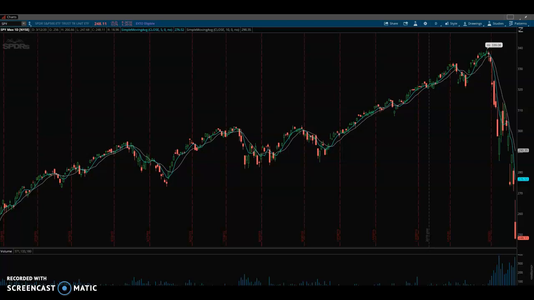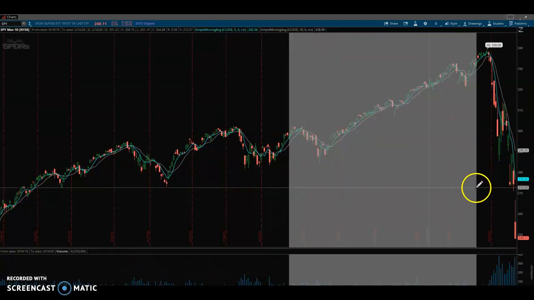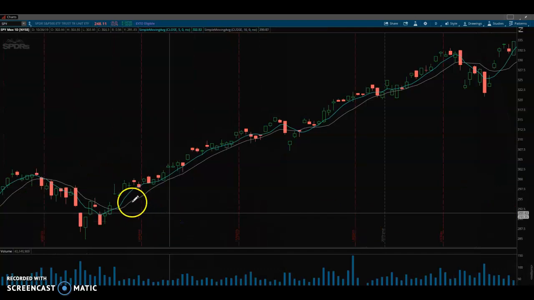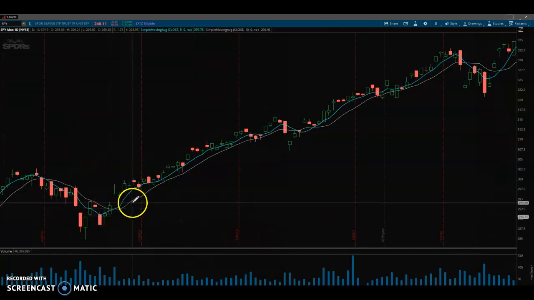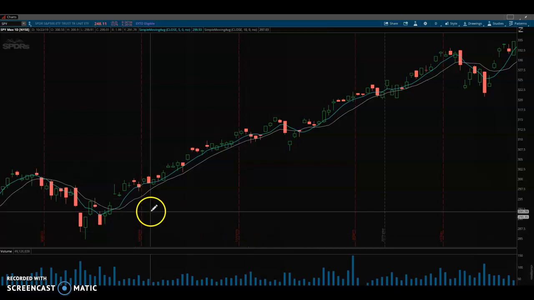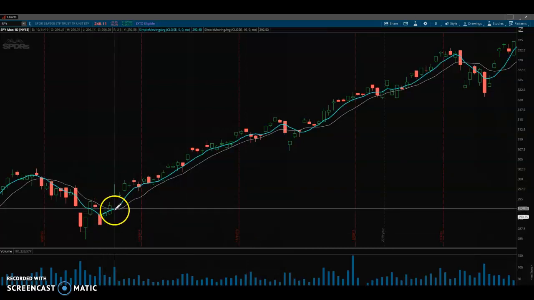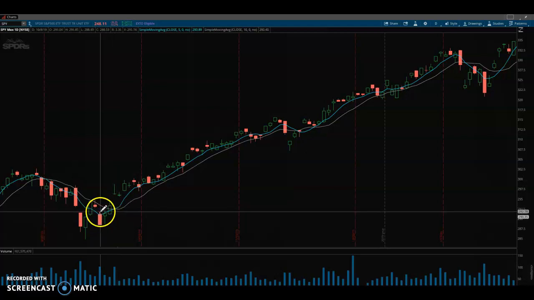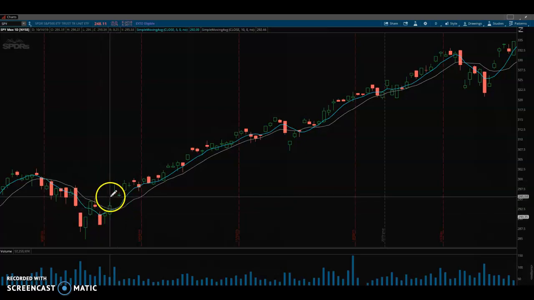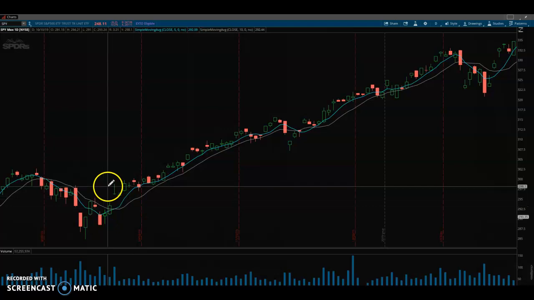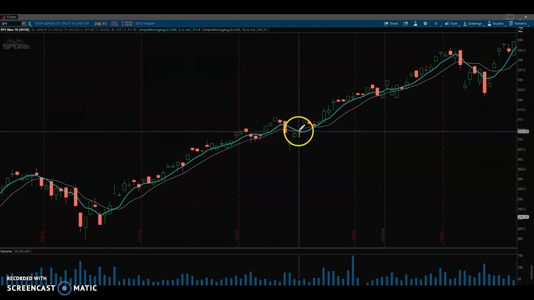And so the first one, we'll just dive into it. You can look at the daily chart here, and you've got the 5 SMA and the 10 SMA. When the 5 SMA crosses above the 10 SMA, it's also called a golden cross. You take it long. You can buy some calls and ride it until it crosses back down below.